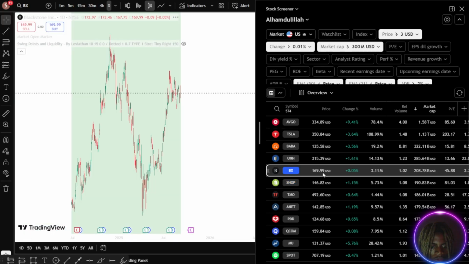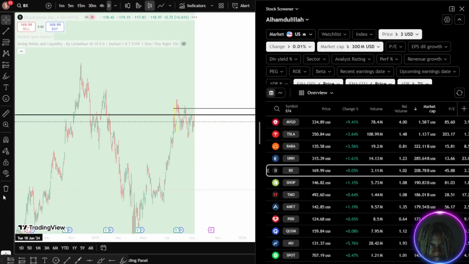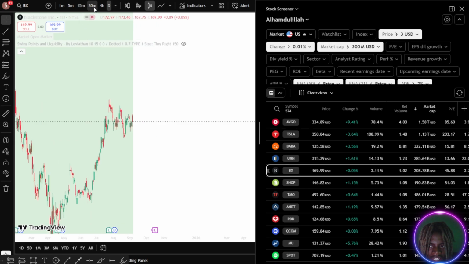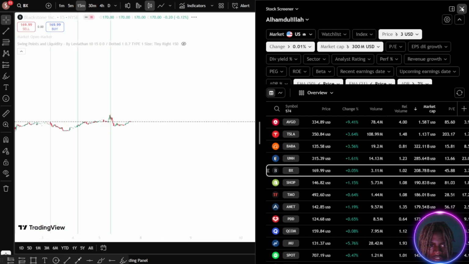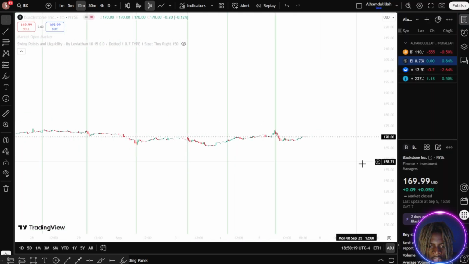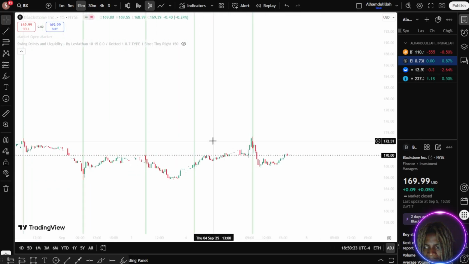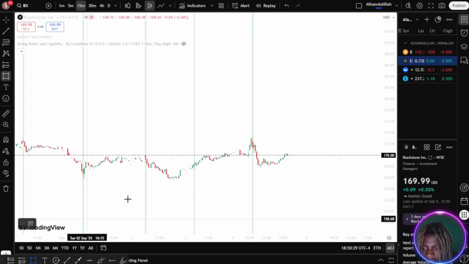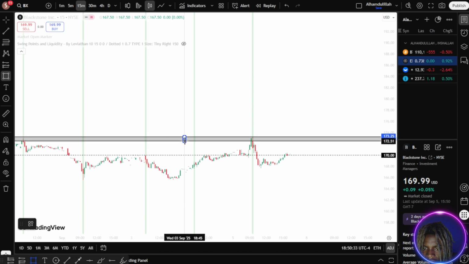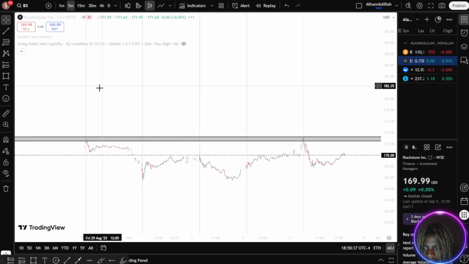Okay, so let's do BX for example. Okay. So BX, I can go to my 15-minute time frame. And here I can actually look above current price if I wanted to. Okay, I'm going to look above current price. Go ahead and put a box on the top of this here.